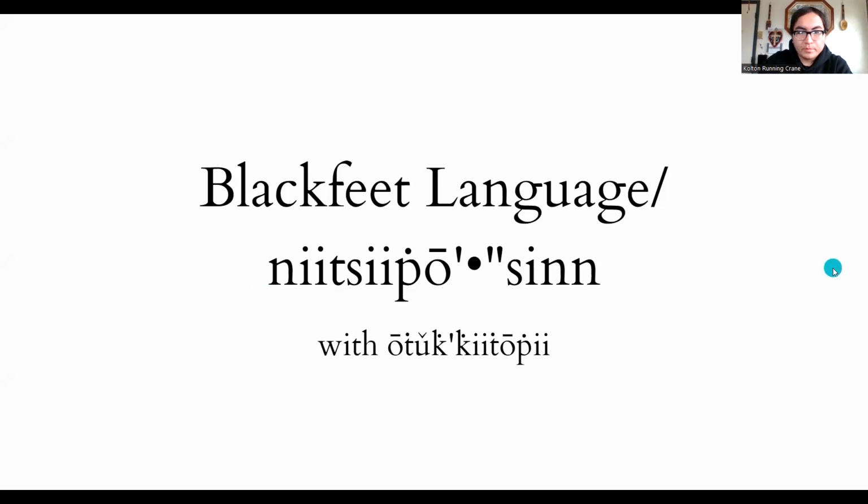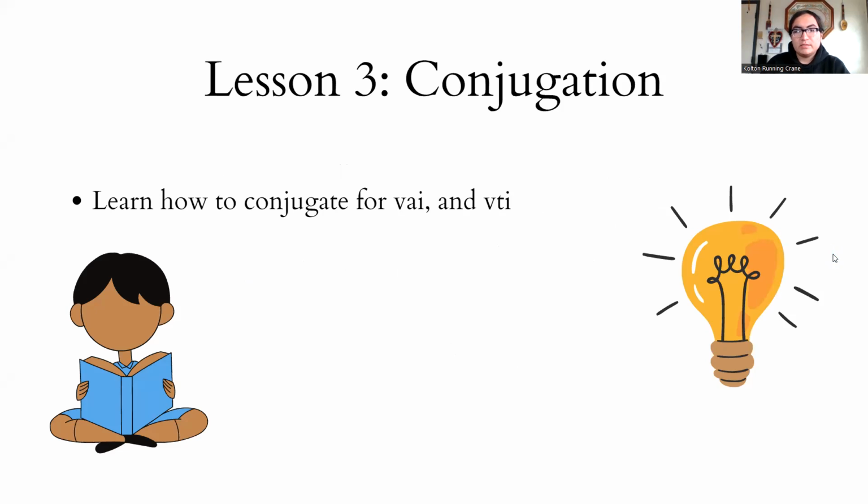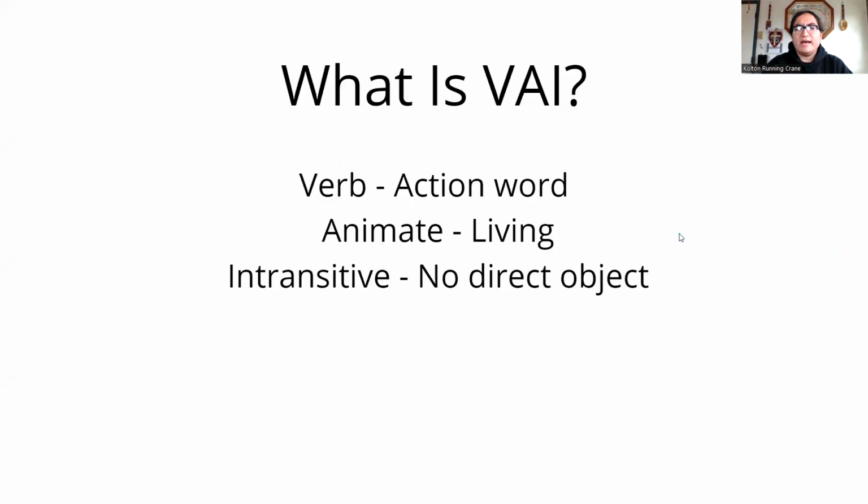Okay. So in today's lesson, like I said, we're going to learn conjugation. Particularly, we're going to learn how to conjugate for VAI and VTI, which is verb animate intransitive and verb transitive inanimate, respectively. So what is VAI?